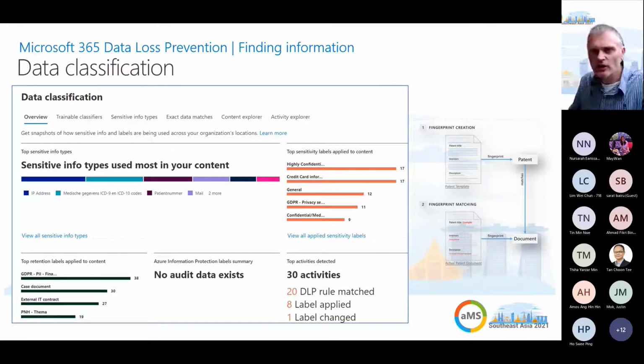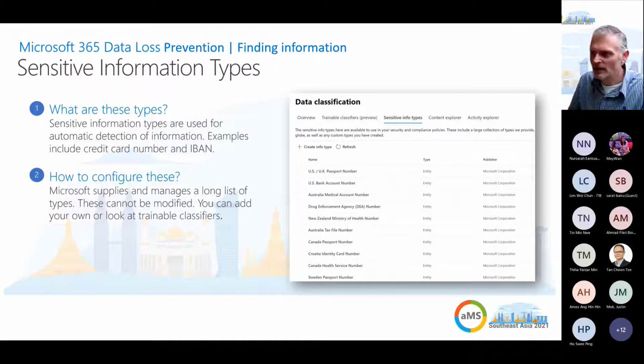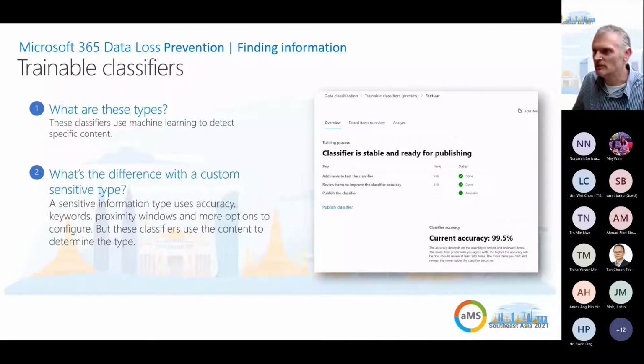Okay, well, let's take a look. First off, I'll just show you what sensitive information types are. Over here, you already see the out-of-the-box sensitive information types. Well, I think instead of just rehashing what's on the slide, I'll just show you in a couple of minutes. And the same goes for those trainable classifiers.